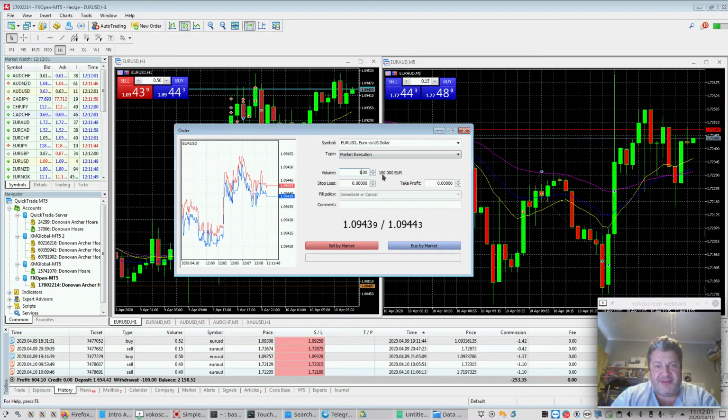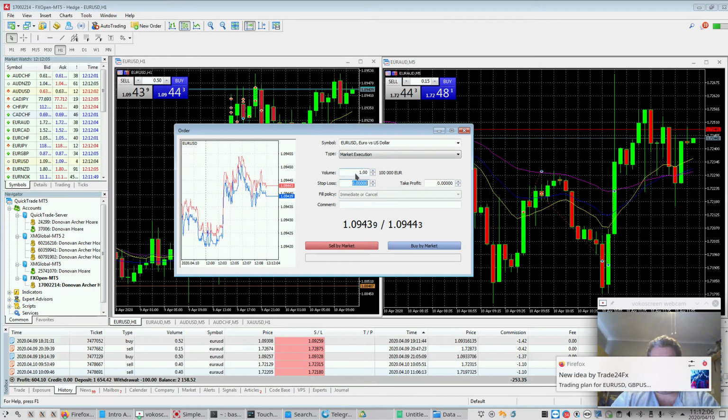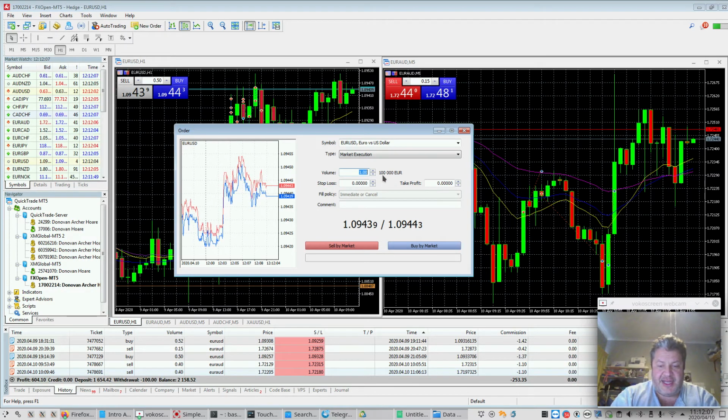If I want to buy one lot, I do not work in one lot sizes, that's buying 100,000 euro. 0.1 is 10,000, 0.01 is 1,000 euro. Now if you are on a micro system, one lot in a micro system is 1,000.